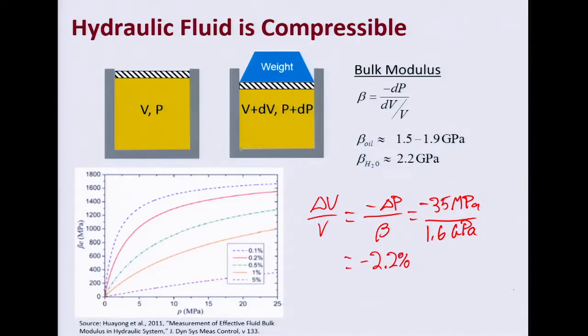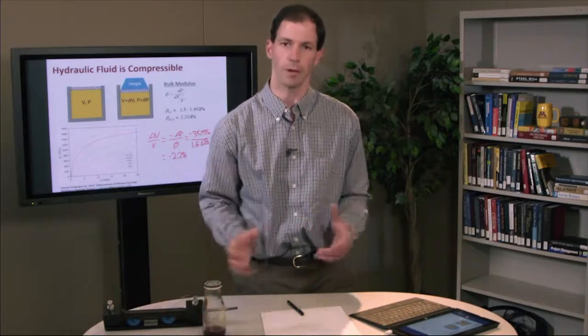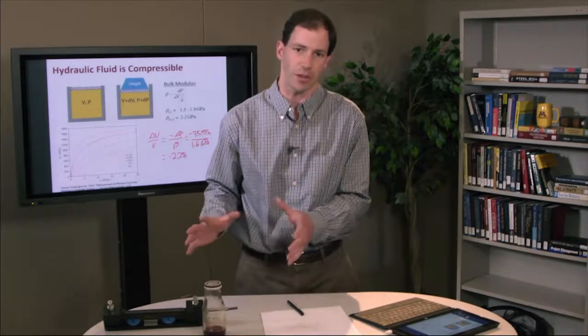So our oils are usually 1 to 3, maybe 5% compressible, depending on how much air is in that oil. So often it's a reasonable assumption that it's incompressible, but in some cases this does become important.